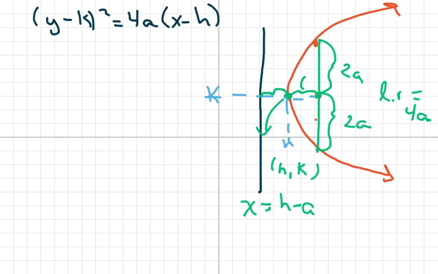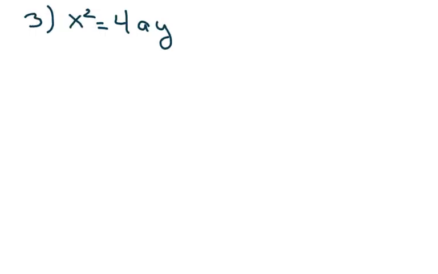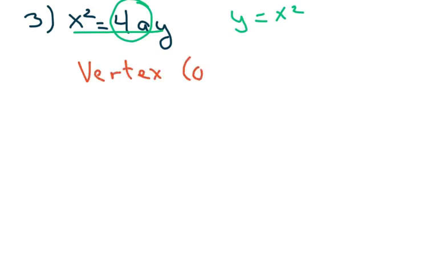Okay? Now, the next two are the kinds that open up and down. If I rewrote this, this would be like saying y equals x squared, except in this case we have a 4A in front, because we have to find the latus rectum, and we have an A because of the things we have to find. So the vertex is 0, 0, but it opens upward.